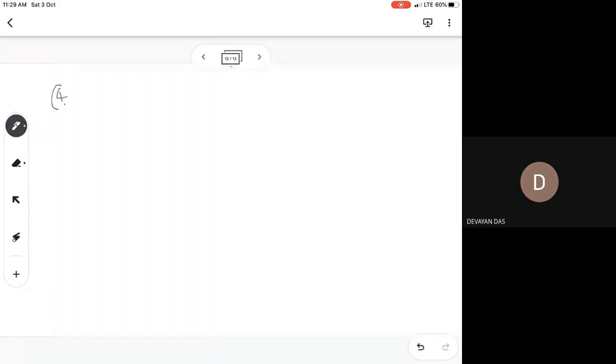Next, the fourth one. In the same way, sin 90 minus theta you can prove. Sin pi by 2 minus x is equals to, in the same way you are going to get, cos x. Sir, we are not having the sin formula, what to do? If you want to prove, see, you can prove it like this.